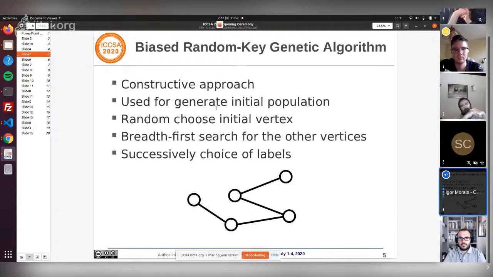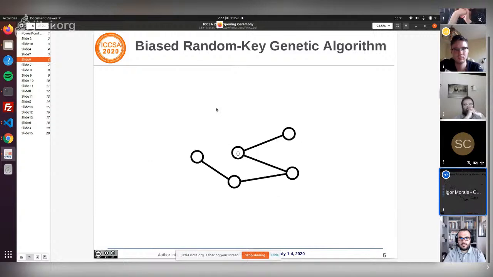For the initial population, we use a constructive approach, which uses a random breadth search, choosing at random one vertex with the label 0 to start, and successively choosing other labels for the adjacent vertices. Here we start with an empty graph and choose a random position for the 0 label.